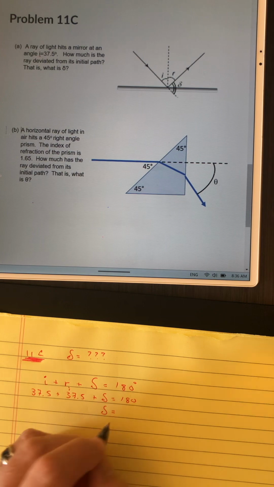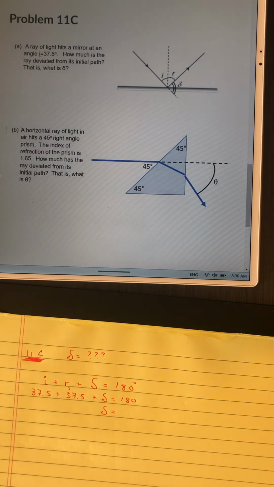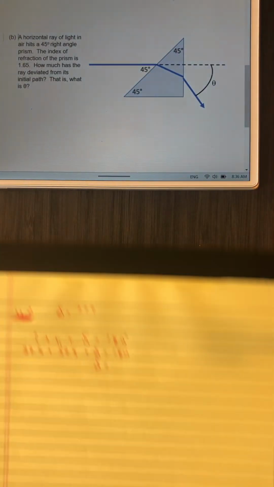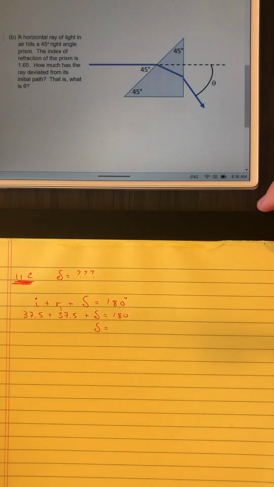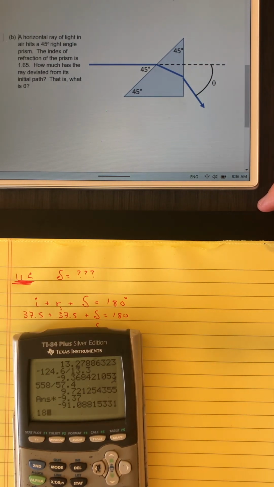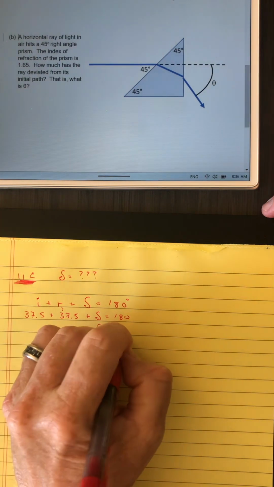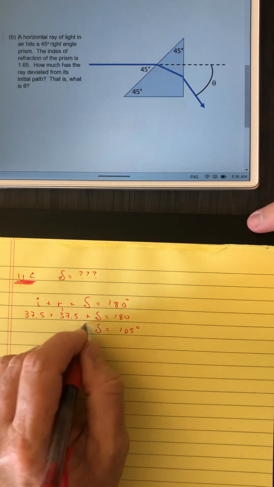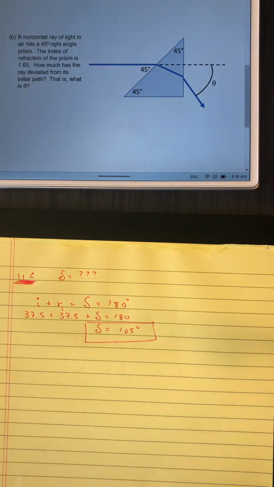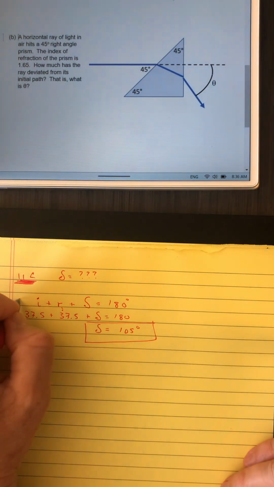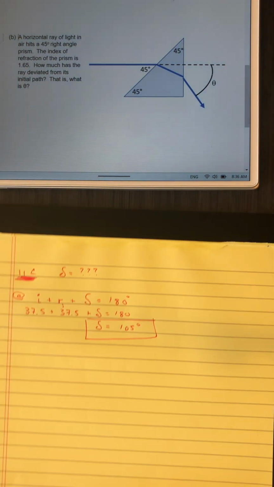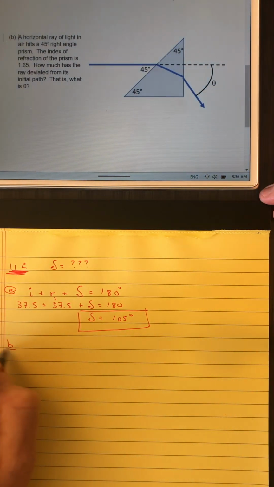And so the math here is pretty straightforward at this point. I'll take 180 and subtract 37.5 and another 37.5 and get 105. And so the deviation angle for 11C, part A, would be 105 degrees.